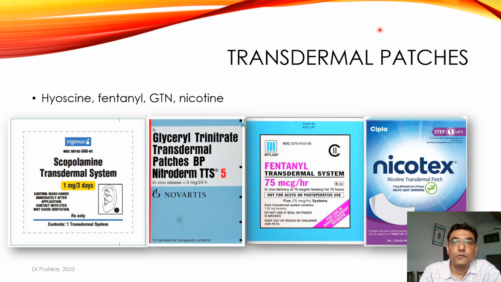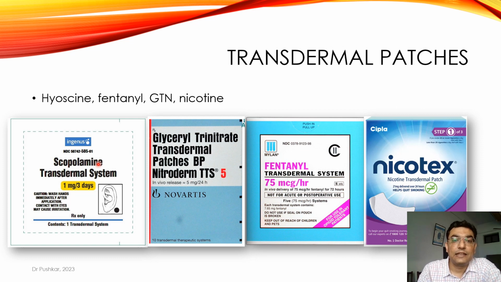Suppose we are going on a sea route, and we want to give a motion sickness drug, then we can use scopolamine for the sea sickness. It will have a continuous effect.